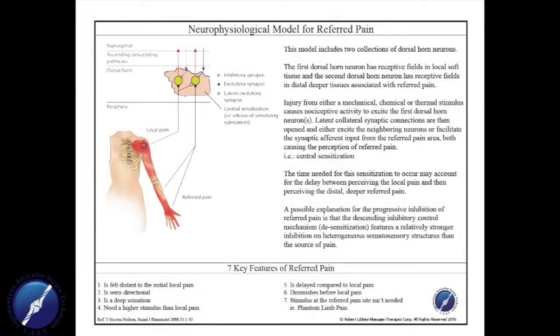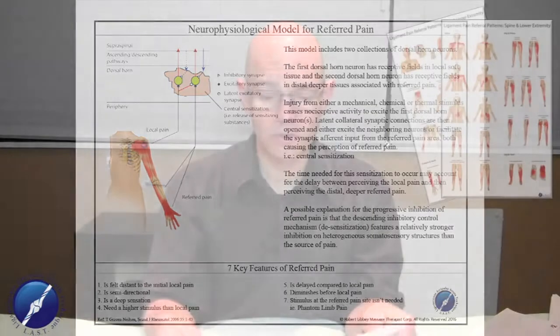I will post this for you to download so you can print it off and use it with your patients, because this is how pain referral occurs. Whatever myth or story you heard in school, or read in some textbook, this is the current understanding of how pain referral happens.